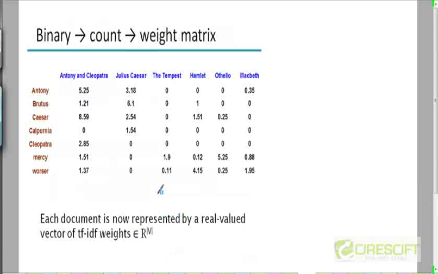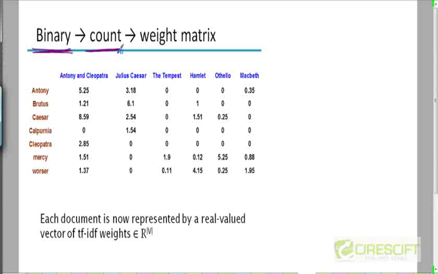So let's look at an example. Going back to the count matrix, recall that we converted the term document incidence matrix into a count matrix, and the count matrix was storing the term frequency values.